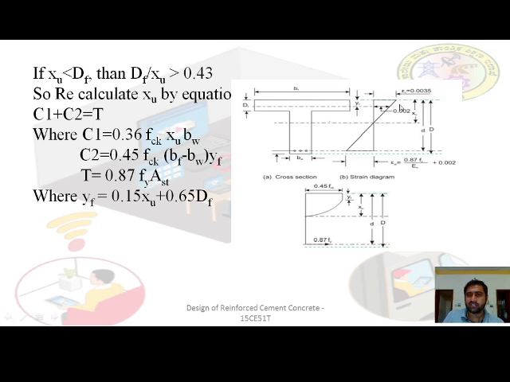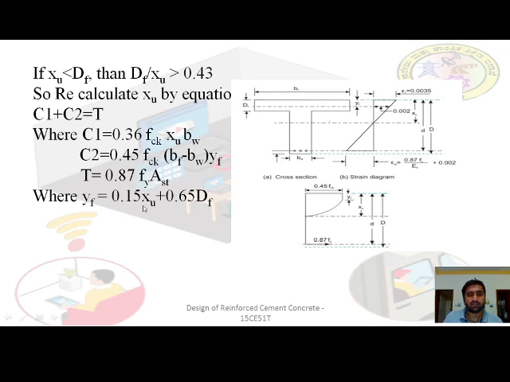Here you can see the strain variation when the neutral axis is lying below the flange level, but the 0.002 strain level will be occurring in the flange location. Then the stress will be partly parabolic and partly rectangular in this flange also. That's why we are going to calculate this yf. So what is the distance of yf? Yf is given by 0.15 Xu plus 0.65 times Df.